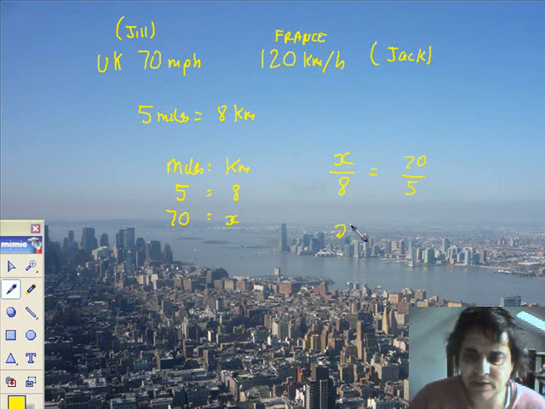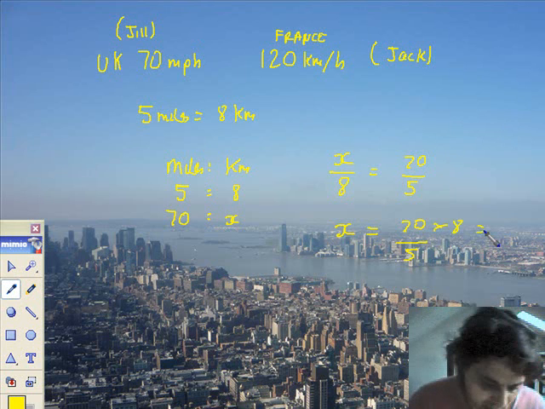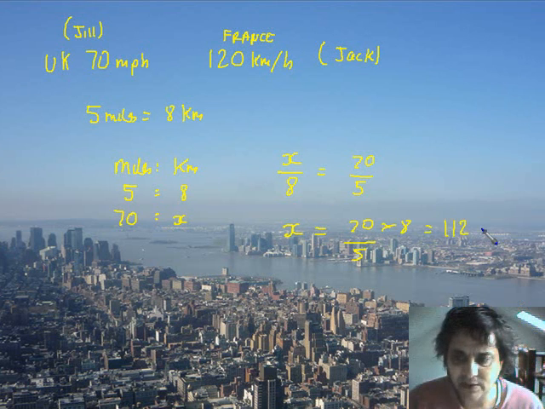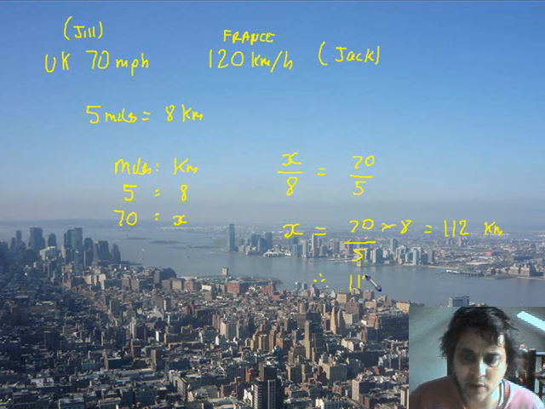Therefore, to get the mystery distance, which will become our speed, I take the 8 over and multiply. So I'm going to say 70 divided by 5 multiplied by 8, and I've got 112. So 112 kilometers, and therefore 112 kilometers per hour.